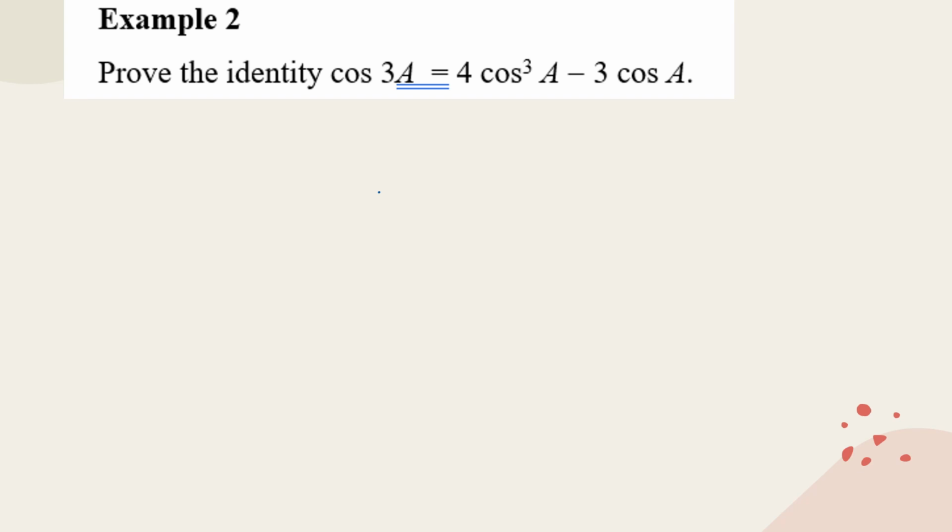In this case, we're going to start with the left-hand side because we have more to work with. We can write 3a as 2a plus a, and then we can apply the addition formula.